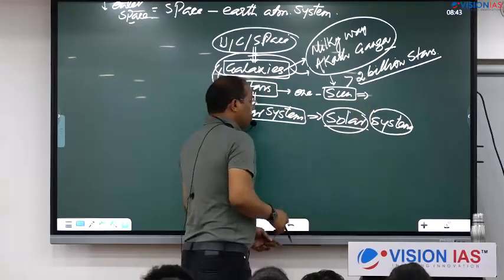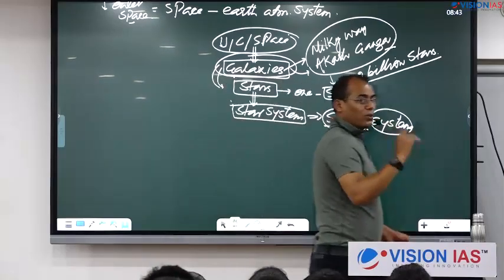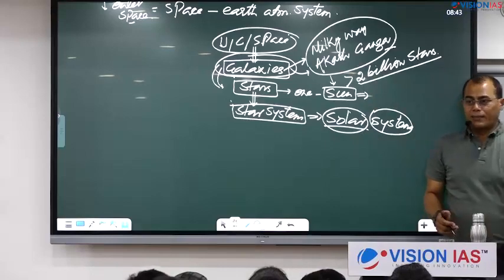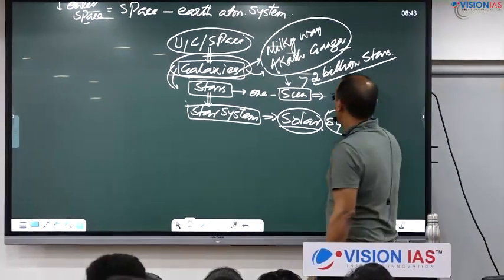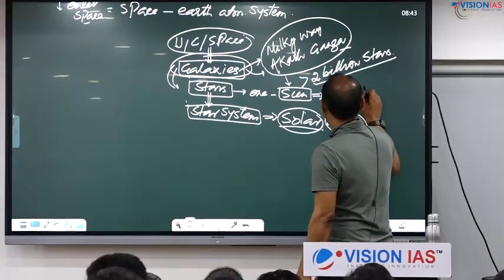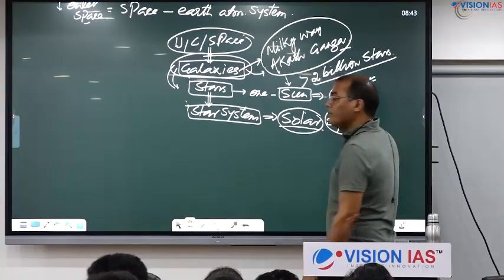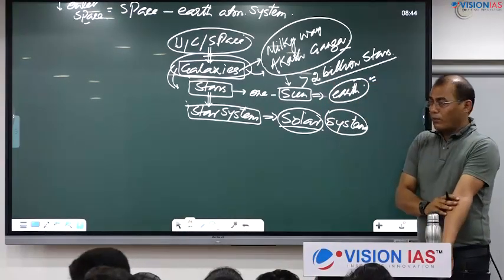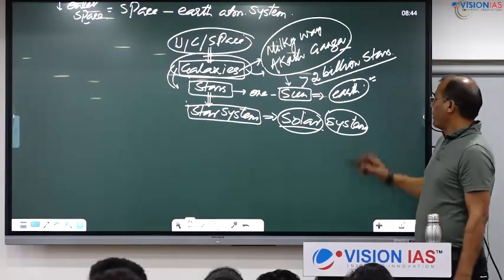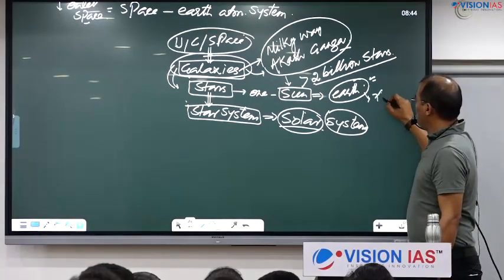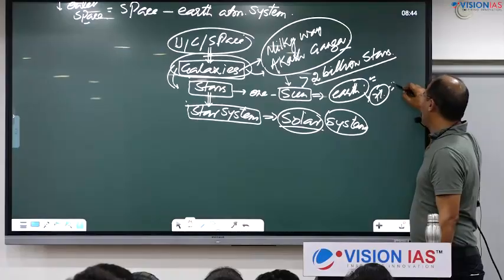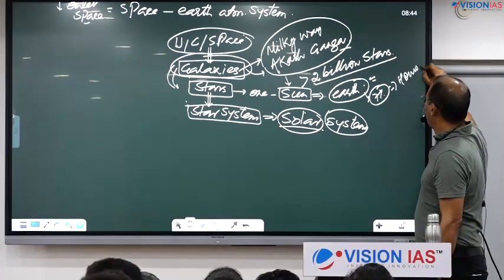And out of the millions of other celestial bodies within solar system, Earth is one planet. Right? Among the 8 major planets we have Earth. Minor planets, we have a lot of minor planets. Now within Earth just 7% is occupied by Homo sapiens.